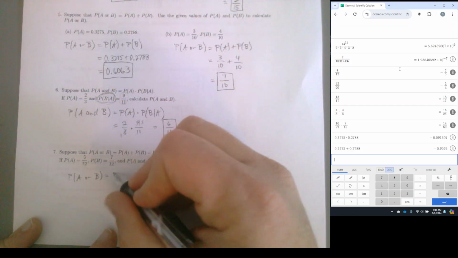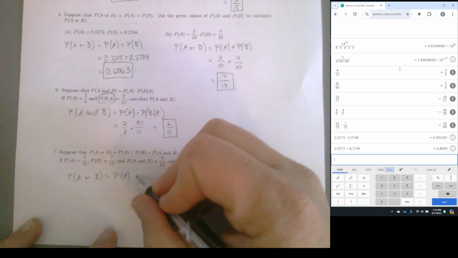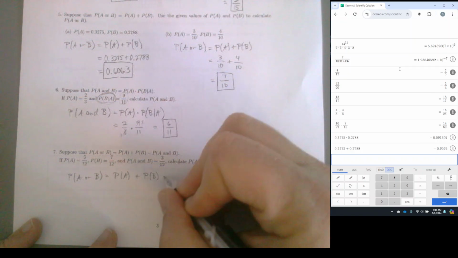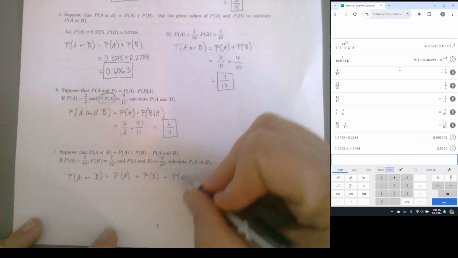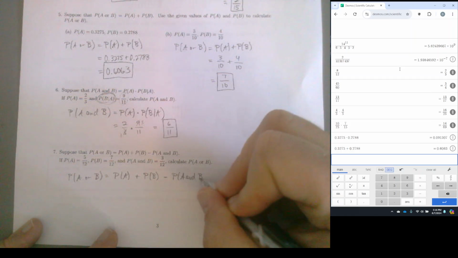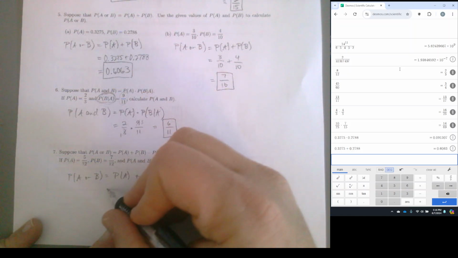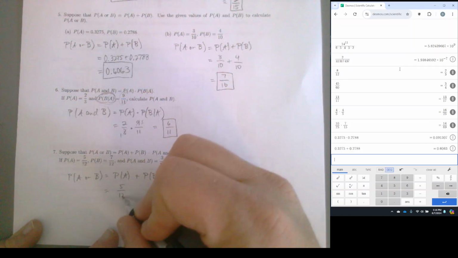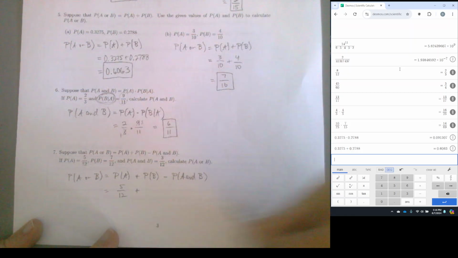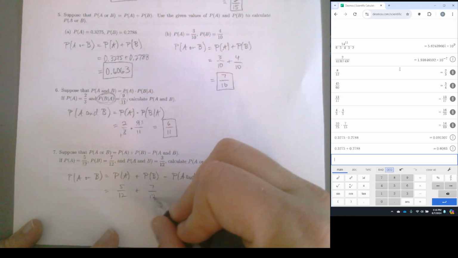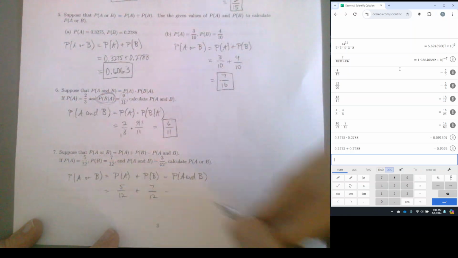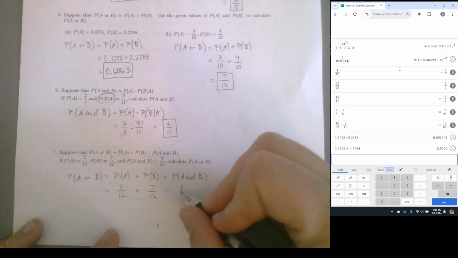Probability of A or B is probability of A plus probability of B minus probability of A and B. Probability of A is 5/12. Probability of B is 7/12. Probability of A and B is 3/12.